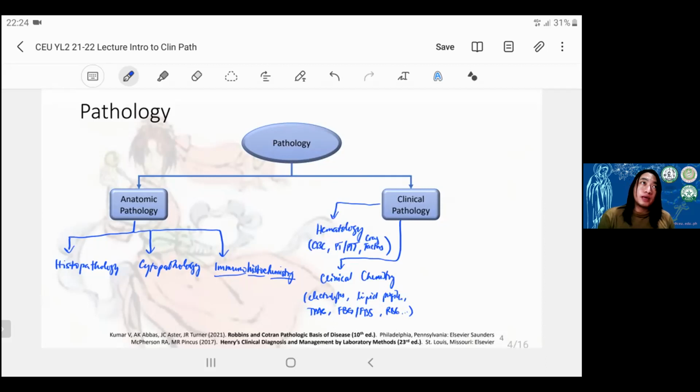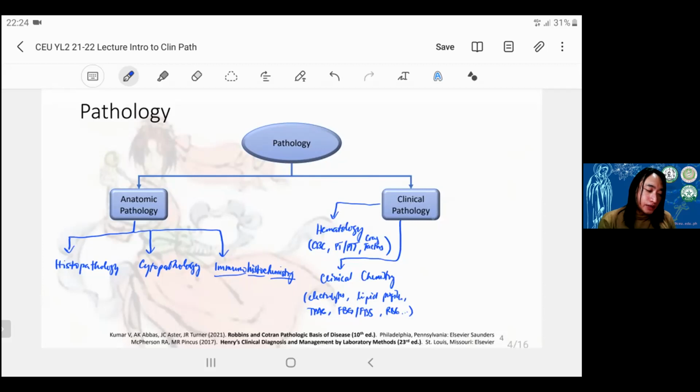So you can also analyze proteins in the pleural fluid, cerebrospinal fluid. So basically, clinical chemistry would determine the different chemical substances found in all these specimens.